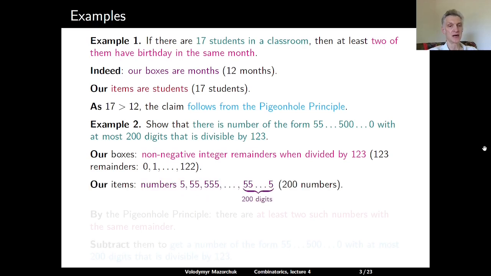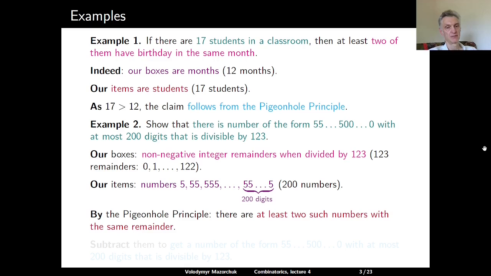Our items are numbers of the form 5, 55, 555, and so on, numbers which have at most 200 digits and all digits are equal to 5. So we have 200 numbers and 123 containers. By the pigeonhole principle, there are at least 2 numbers of this form which have the same remainder when divided by 123.